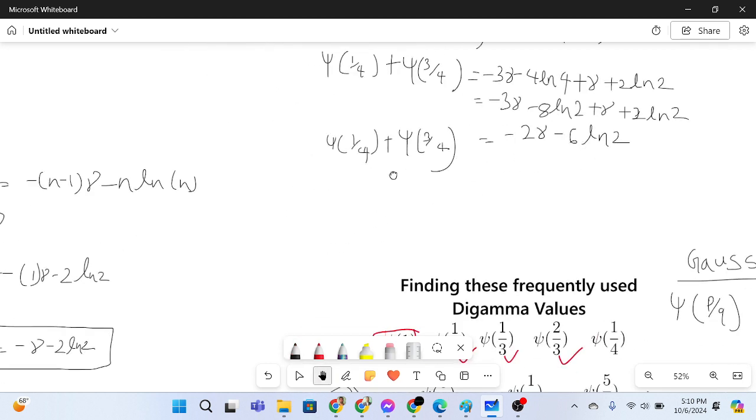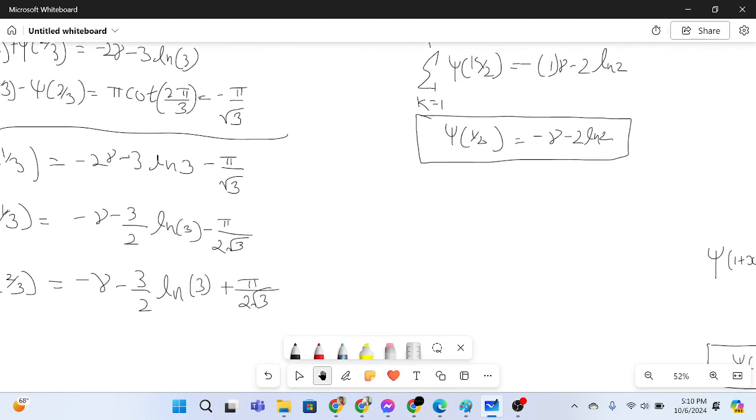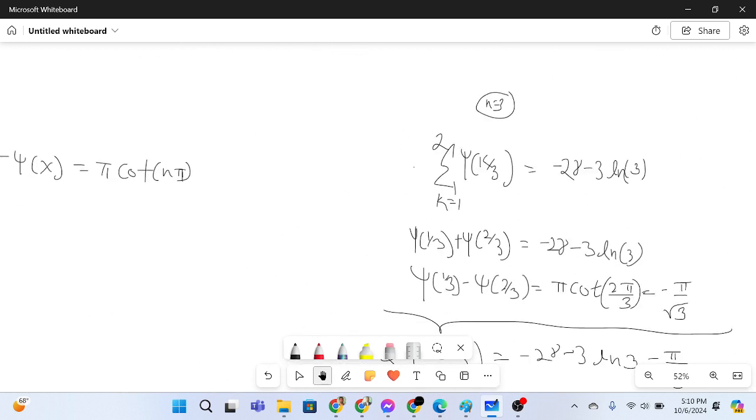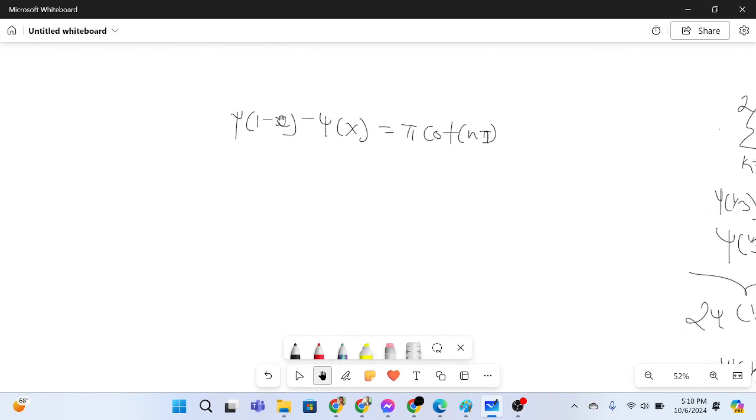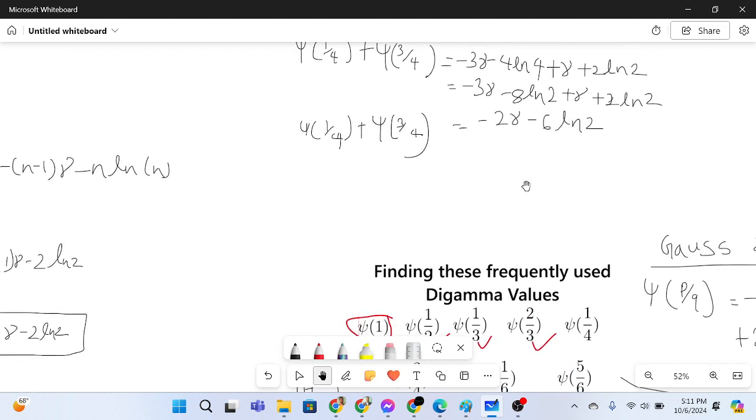Now if we use the other formula, the reflection formula, what is it? In the reflection formula, if we use x as 3 by 4, this will be 1 by 4, this will be 3 by 4, and this will be pi cot 3 by 4 pi, right? So let's use that. We substitute 3 by 4 in the reflection formula.